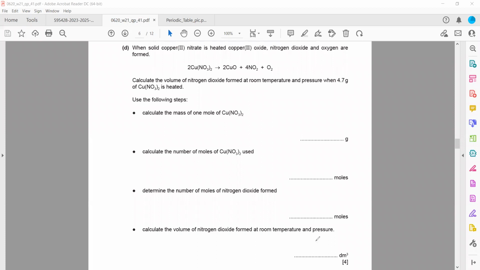So the final answer will be 1.2 dm cubed. So first we got 188. Then using a formula we got 0.025. Then using a ratio we got 0.05. And then again formula: formula, ratio, formula. Is it clear how we did this question related to moles? Yes.